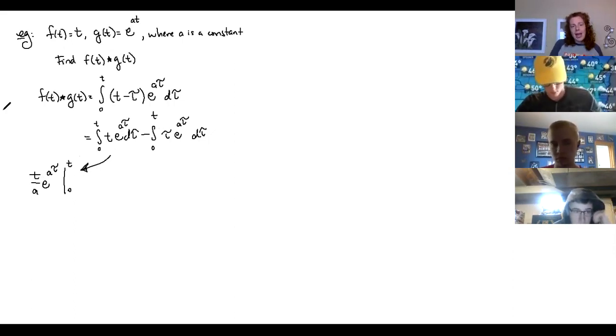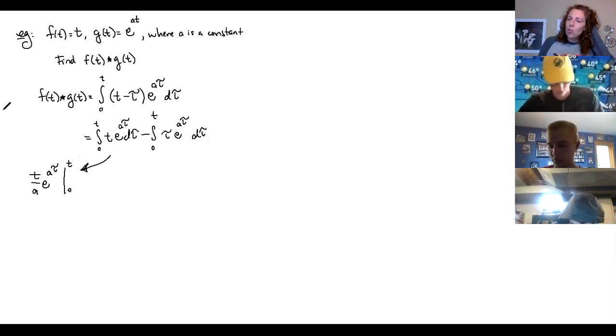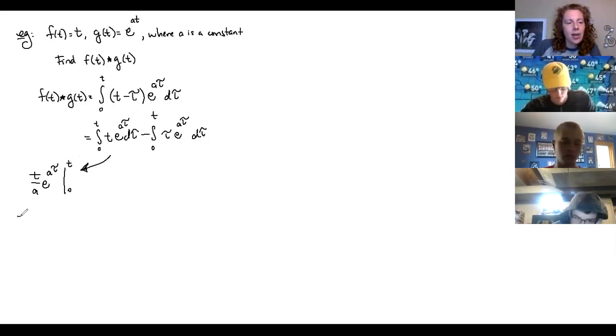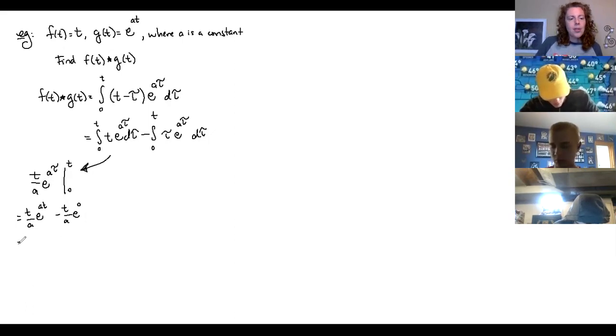You get a 1 over a when you do your integration of e to the a tau, and then that t out in front is just a constant with respect to tau. I can plug in t, I can plug in 0, so we can do t over a e to the at minus t over a e to the 0. And so this first integral is t over a e to the at minus t over a. That's the first one.